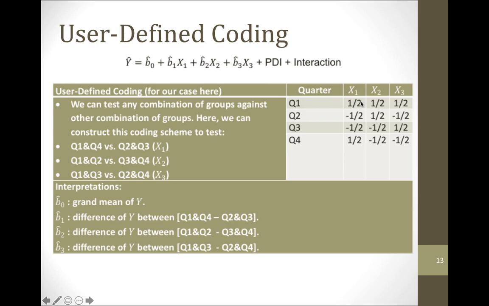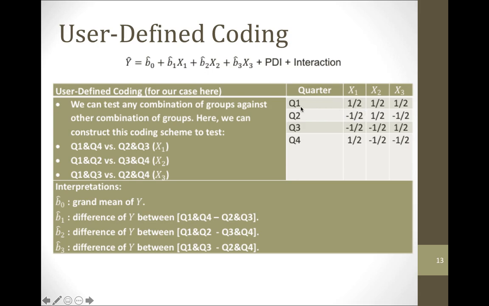So we can specify not only Q1 and Q4 versus Q2 and Q3, we can also specify Q1, Q2 versus Q3 and Q4. And then we can specify Q1 and Q3 versus Q2 and Q4. Those three can be specified here by putting positive 1/2 and negative 1/2.